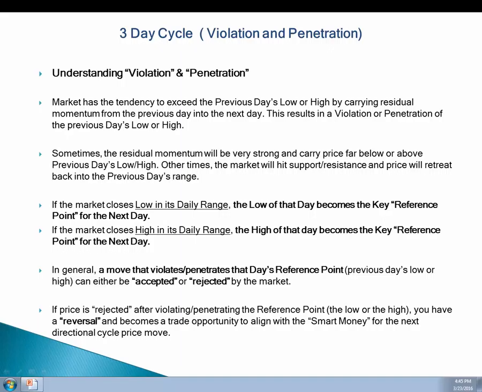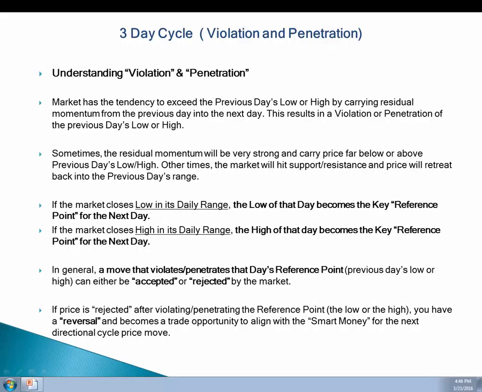The reason that's important is that if the market's closing low in its daily range, in the lower 25% quartile, the low of that day becomes a key reference point for the next day. Those highs and lows are always going to be key reference points. If the market closes high in its range, that's going to be the key reference point for the next session.